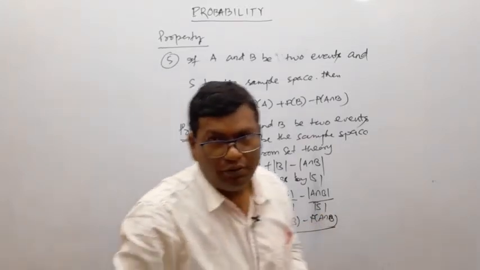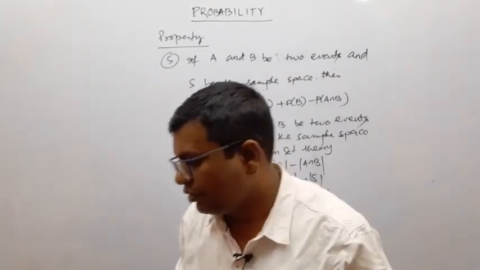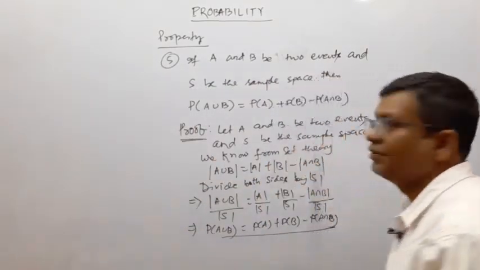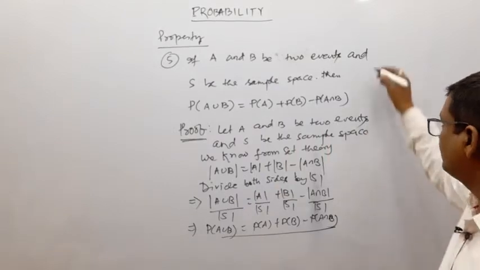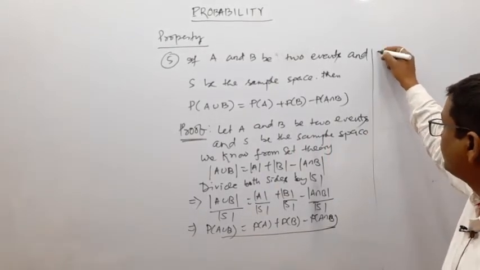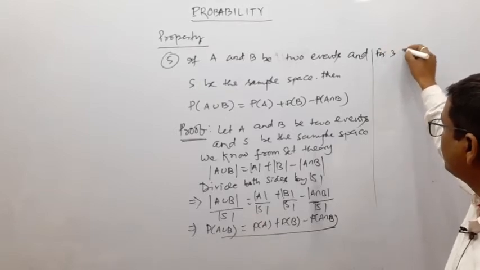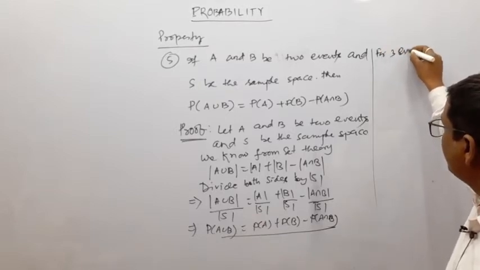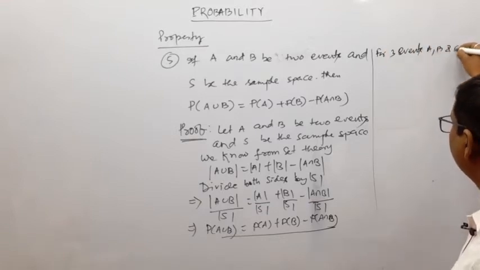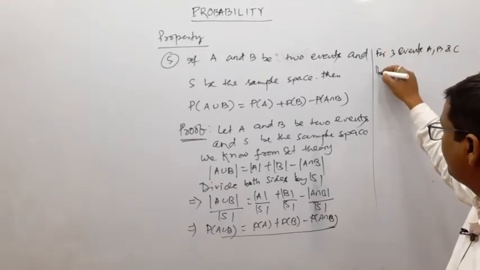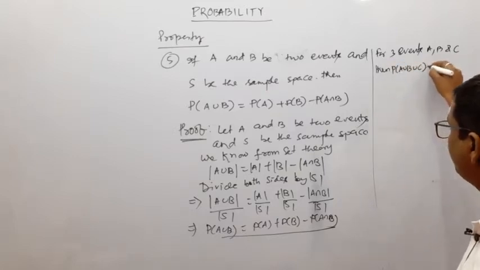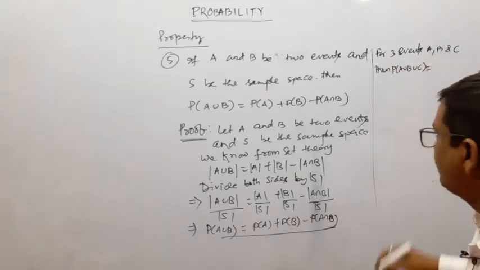Now, similarly for three events A, B, and C, probability of A union B union C is equal to what?